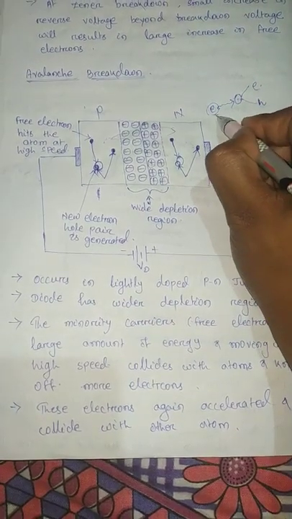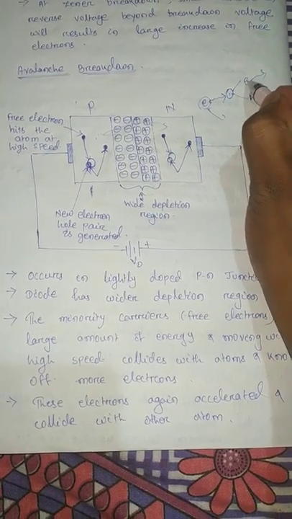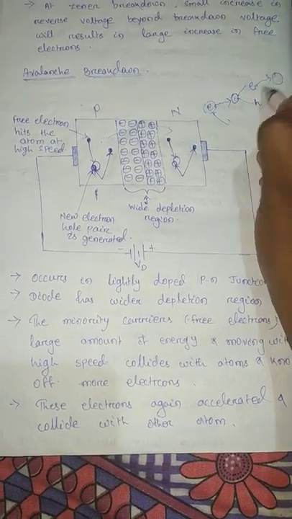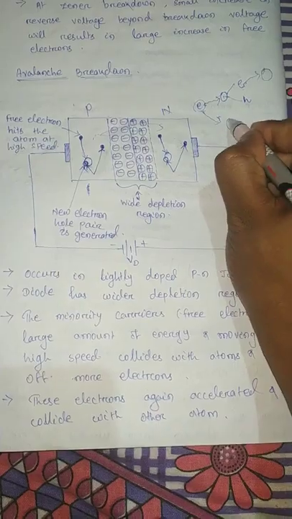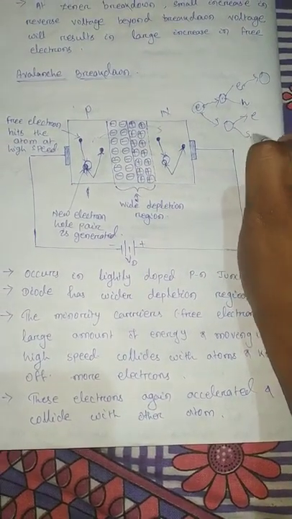Again, these electrons become free, gain energy and collide with other atoms, and again new electron and hole pairs are generated.